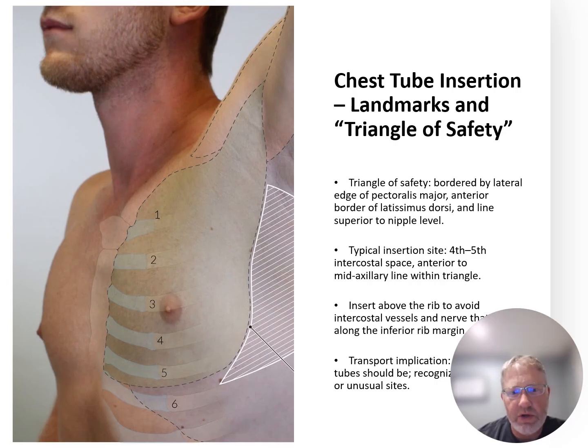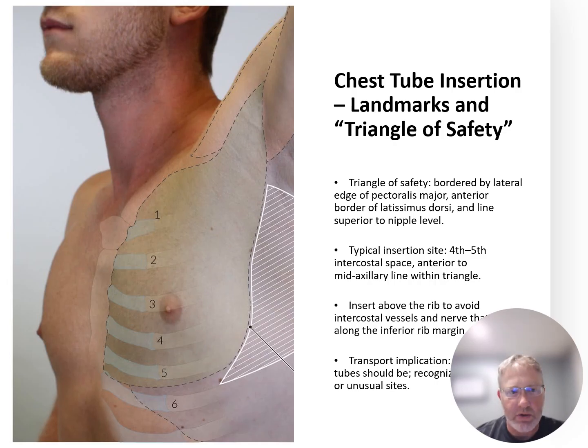Chest tube insertion landmarks and the triangle of safety. The chest tube insertion site is not random. It's deliberately chosen to minimize complications and maximize effectiveness of the chest tube mechanism. The classic triangle of safety is bordered by the lateral edge of the pectoralis major, the anterior border of the latissimus dorsi, and the line just above the nipple level, roughly at the fifth intercostal space.